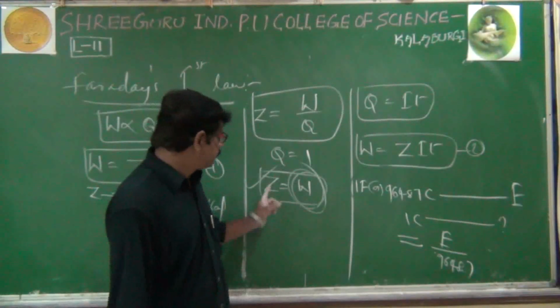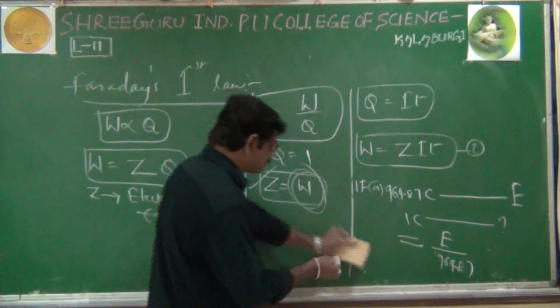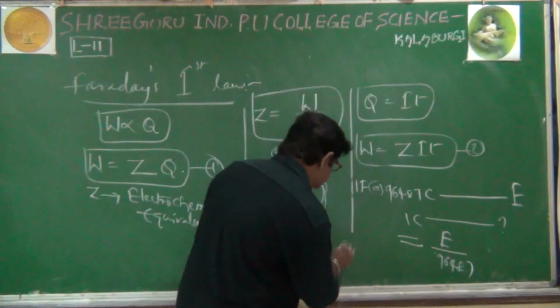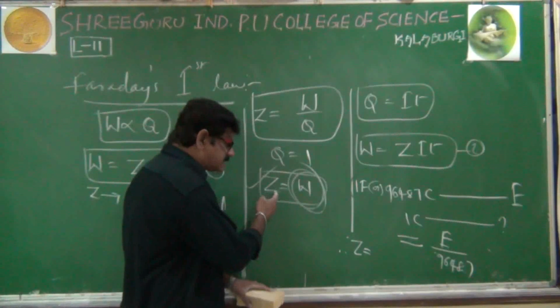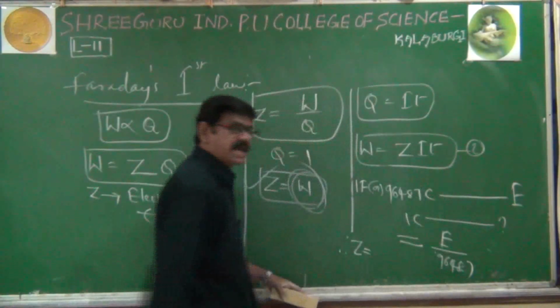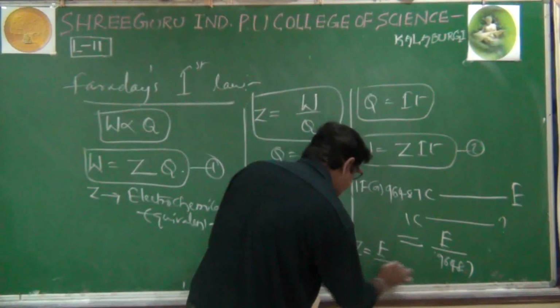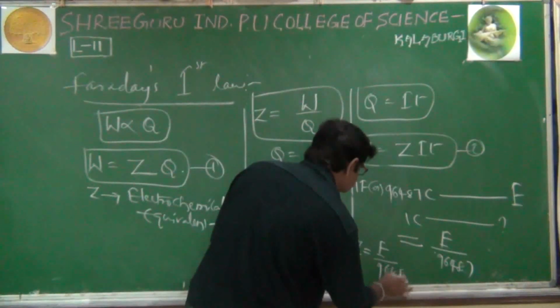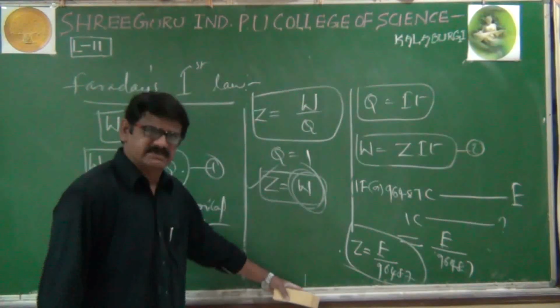That's why we can equalize both. Therefore I will write like this: Z is equal to E by 96,487.